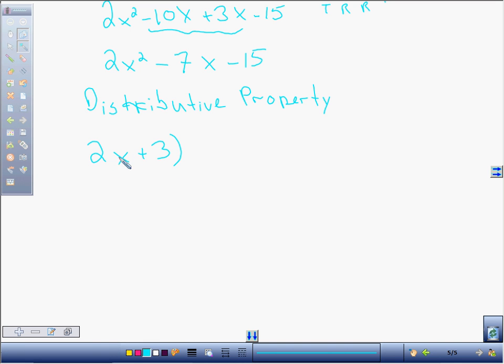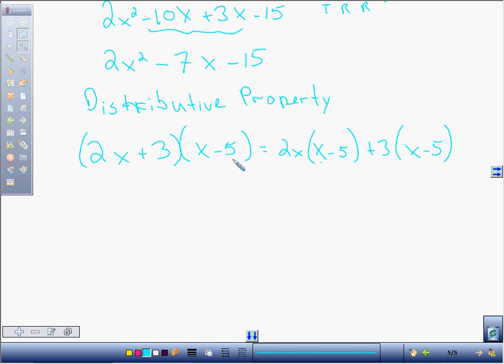So what this means is 2x times the quantity, which means in parentheses, x minus 5, plus 3 times x minus 5. Basically I separated this out into two separate things.